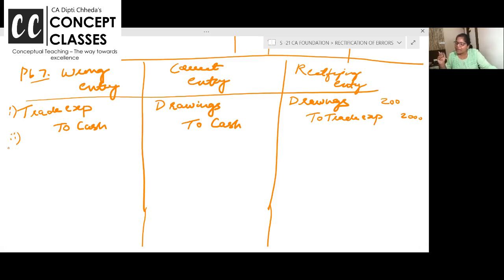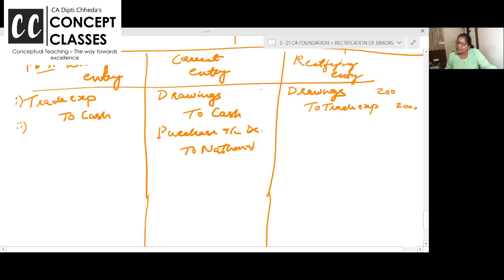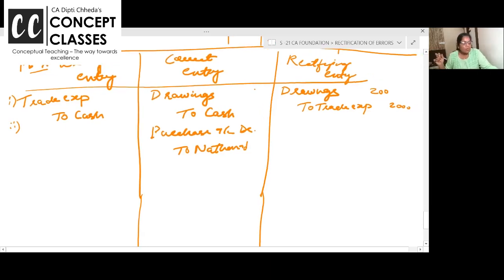For example, you have purchased the goods from Nathan. So what should have been done? Purchase account debit. It's my expense to Nathan account. Purchase. Nathan is the giver, creditor. But actually, what they have done is they have recorded it in the sales book. And if they have recorded in sales book, definitely Nathan account should have been debited.